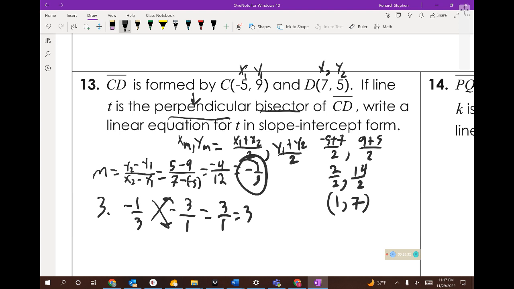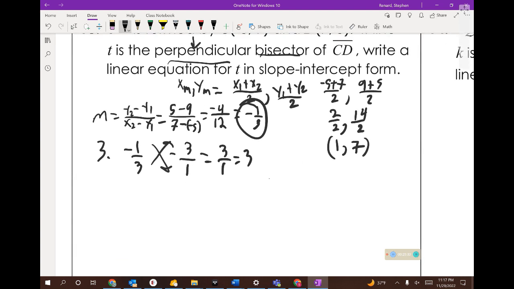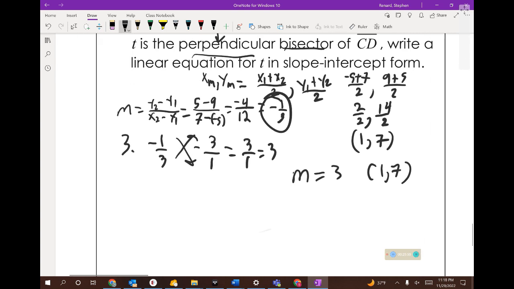So now we've reduced what was really this pain in the butt problem to: write the equation in slope-intercept form of a line with a slope of 3 that goes through (1, 7). And it looks like a lot, but really all we did was the slope equation and the midpoint equation, stuff that we've done literally dozens of times before.